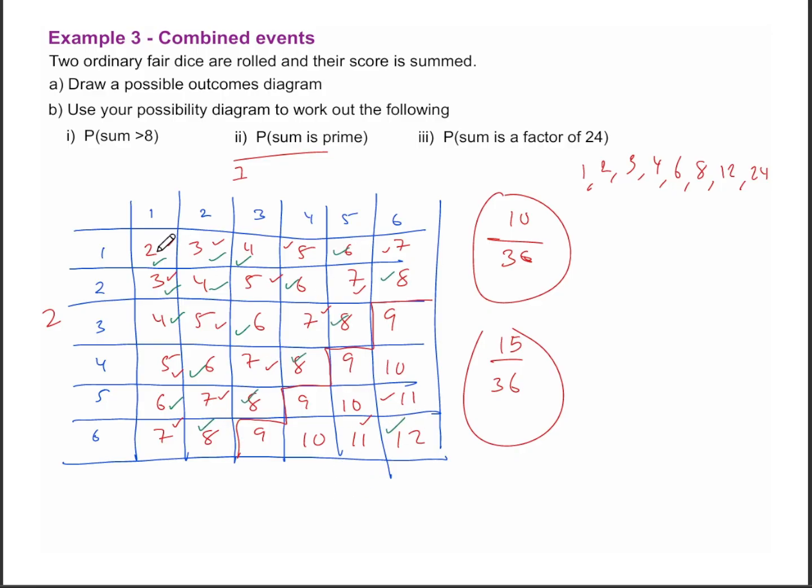In total, we have 1, 2, 3, 4, 5, 6, 7, 8, 9, 10, 11, 12, 13, 14, 15, 16, 17. So we have 17 possible outcomes where the sum is a factor of 24. 17 out of 36. So that's going to be the probability of that.